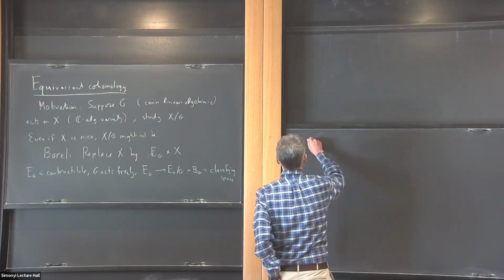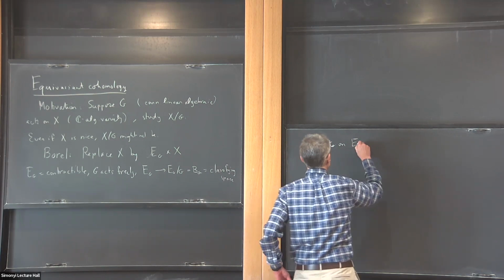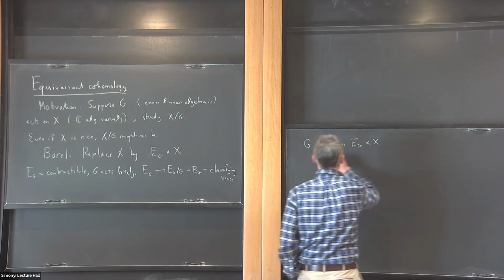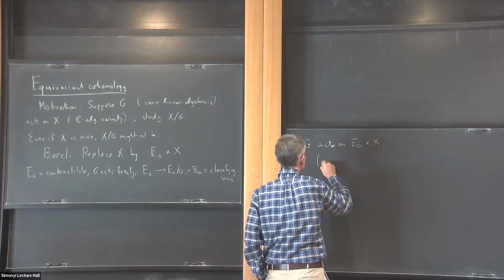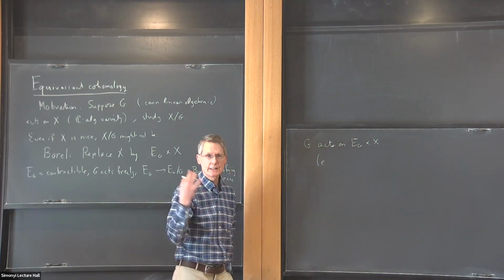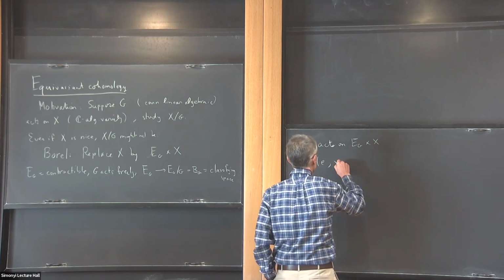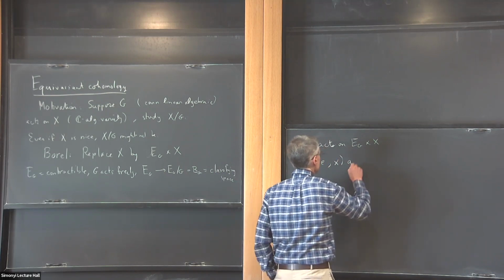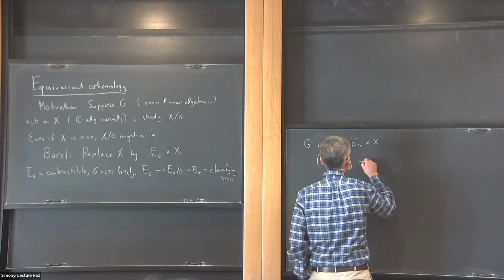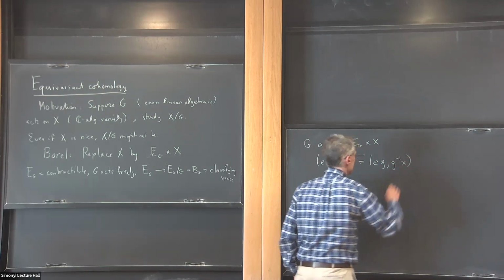And so G acts on EG cross X. I'm going to think of this as an action on the right on EG and on the left on X. I can always go back and forth between left and right actions by putting in an inverse appropriately, so I'm not going to worry about that too much. It acts by (e, x) times g equals (e g, g inverse x).